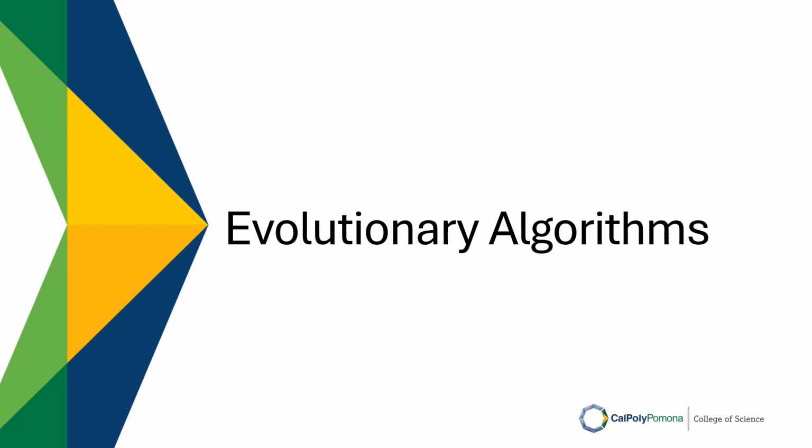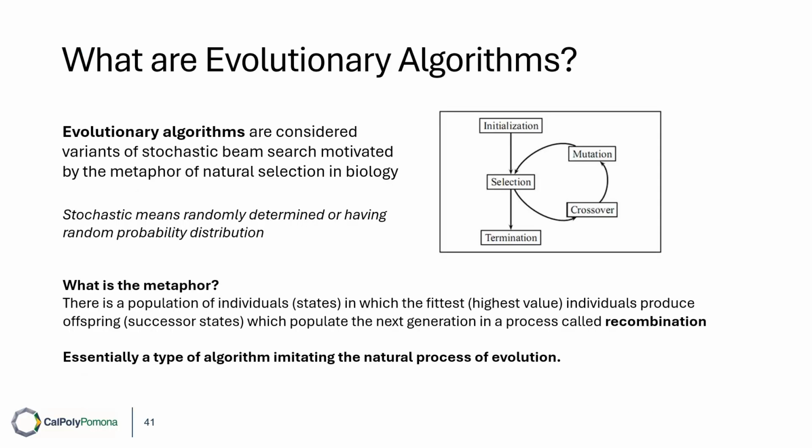Evolutionary algorithms. What exactly are evolutionary algorithms? Well, they are essentially seen as variants of stochastic beam search motivated by the metaphor of natural selection in biology. Now, the term stochastic means randomly determined or having some random probability distribution. This means that there is an element of randomness to the search.